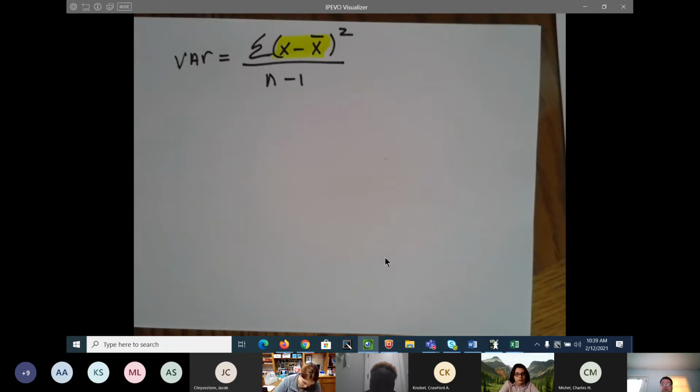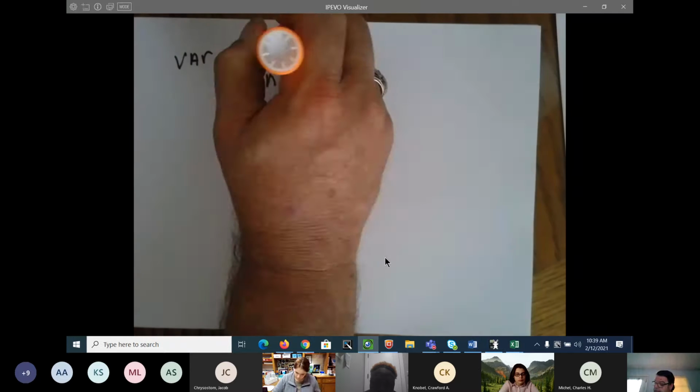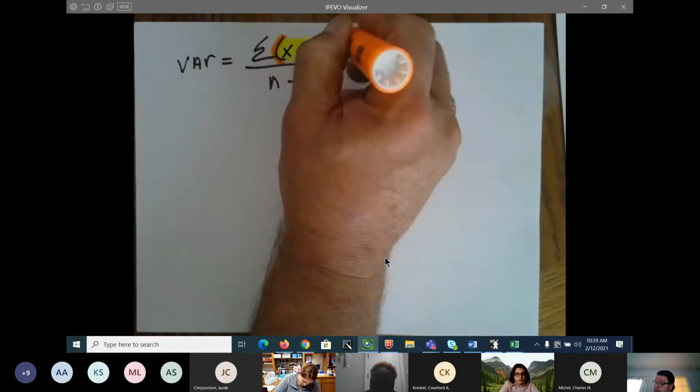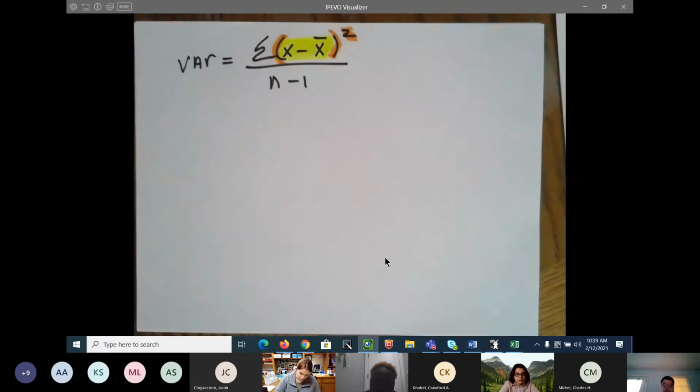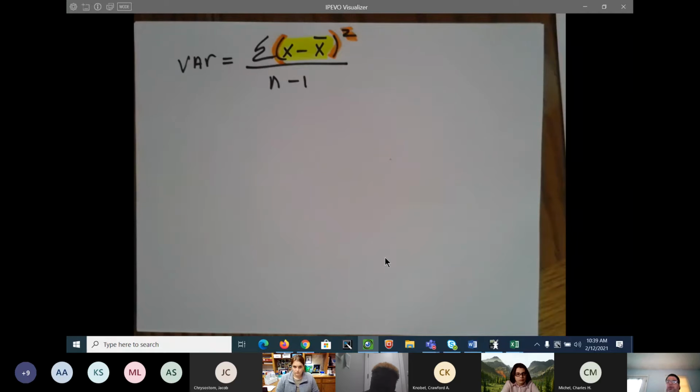Then, what do I do with that? I square those numbers. That's right, class. And then what do I do after I square them? You divide them by 12 minus 1, which is 11. No, there's something else. I have it highlighted up there on the numerator.